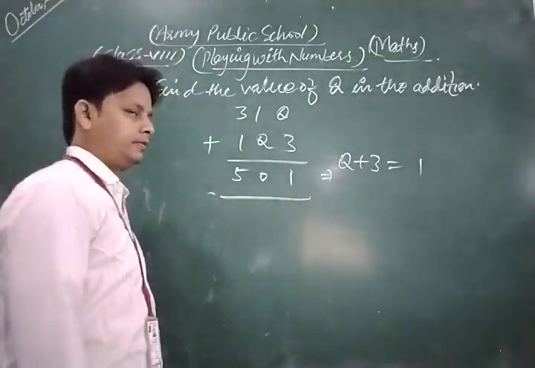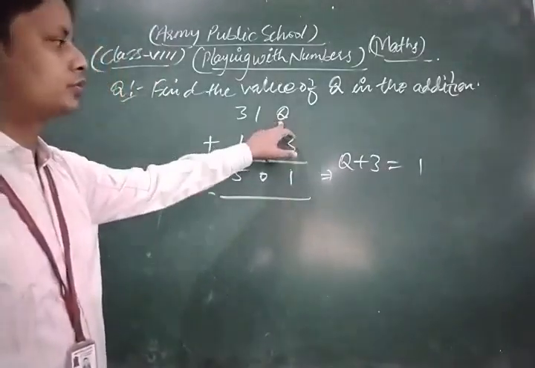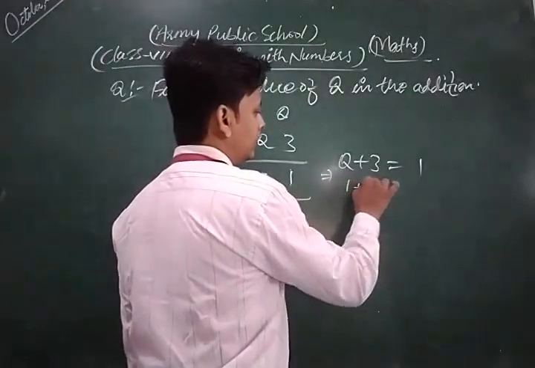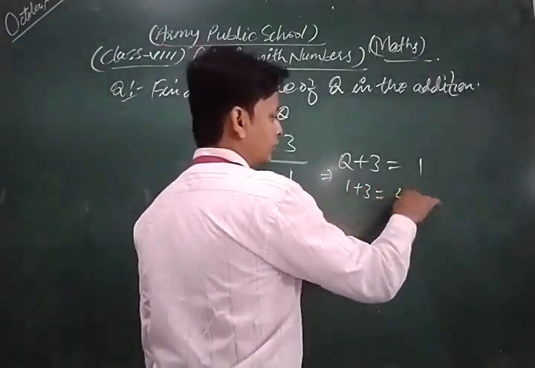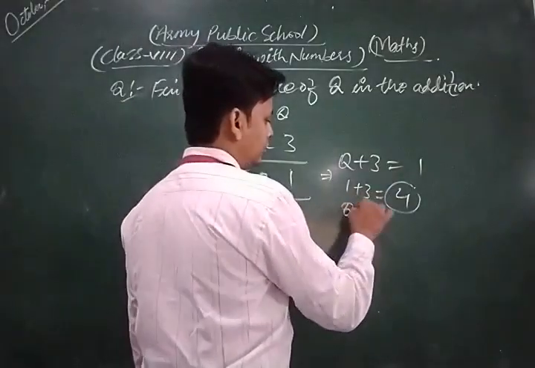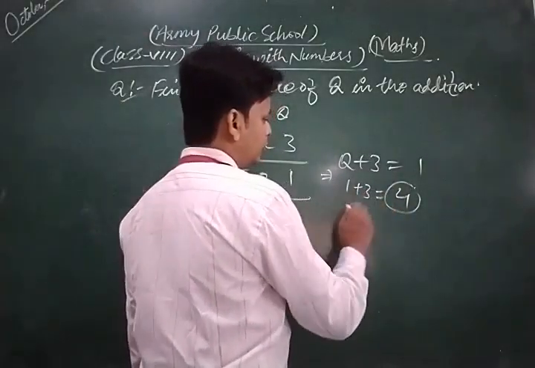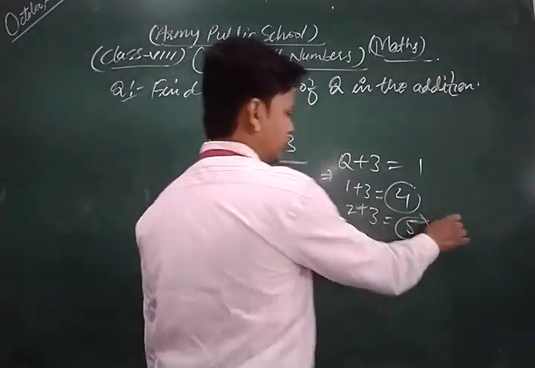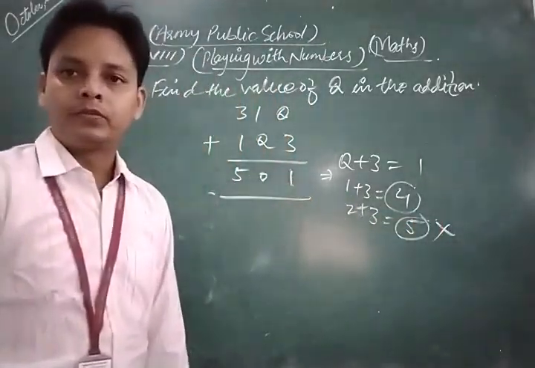So look, let's check the values 1, 2, 3, 4 and so on. If we put q equal to 1, then 1 plus 3 is 4, which is not equal to 1. If we put q equal to 2, then 3 plus 2 is 5, which is not equal to 1.